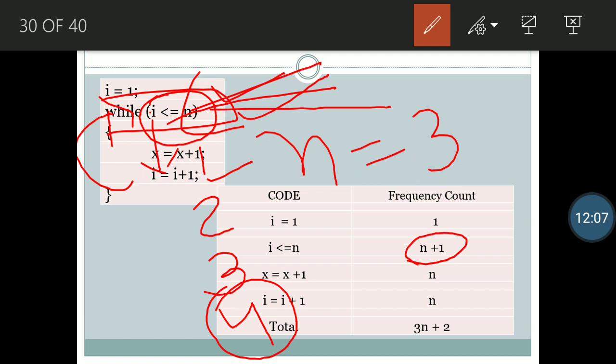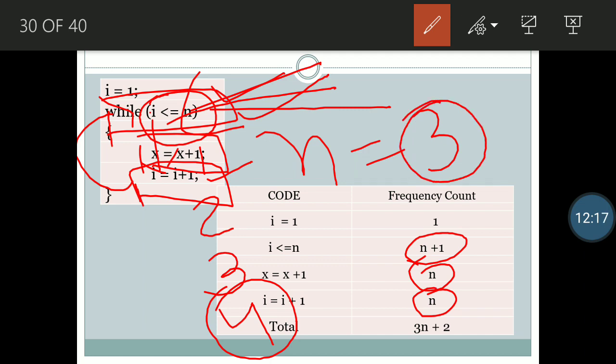In that loop, x is equal to x plus 1 and i is equal to i plus 1 will be executed n times. Here we have n is equal to 3. While this condition is true, these statements will be executed. If our condition is true 3 times, then these will be executed 3 times.